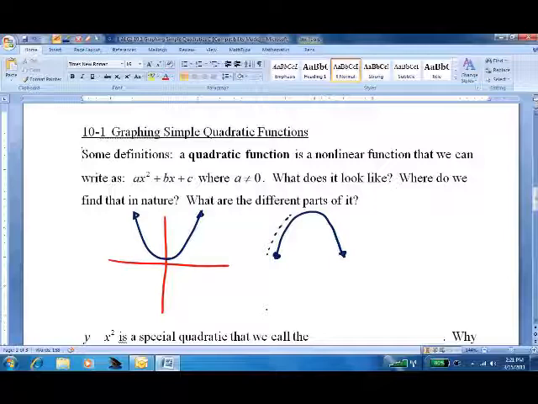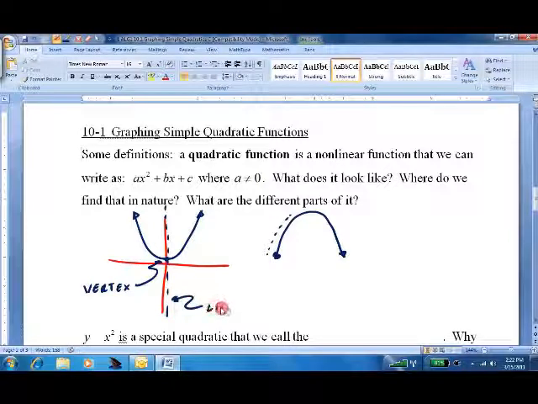The parts are right here at the bottom, we call the vertex, and down the middle is a line of symmetry.